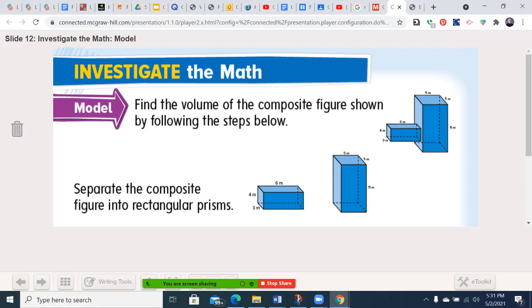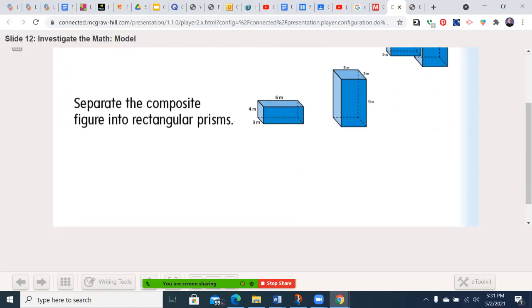So now I have my 5, 5, and 11, which is 25 times 11, which would be 275 meters cubed, plus then I've got 12 times 6, 72 meters. I add those two figures up, and I'm going to be just shy of 350 cubic meters for an answer.